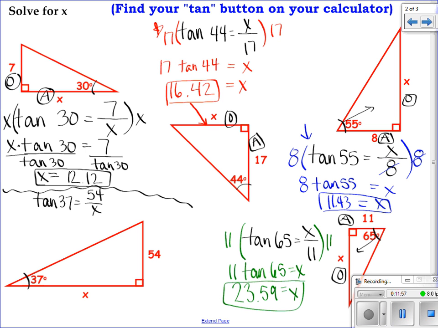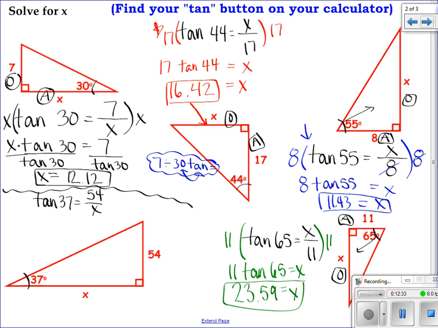I'll just put a little side note here. You're going to do 7 divided by 30, then hit your tan button, then hit equals. So when you have a calculator where you can't see what you're typing in the line above, essentially you just have to switch the 30 and the tan compared to what all the rest of us are doing in our calculators. It's good to just get a TI-30X. They're really slick to use.